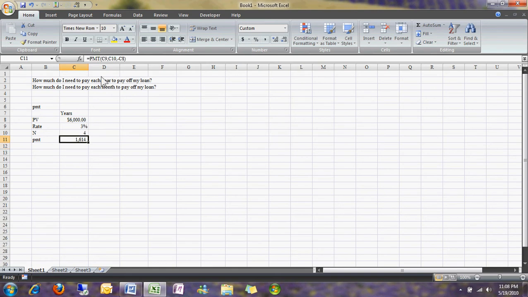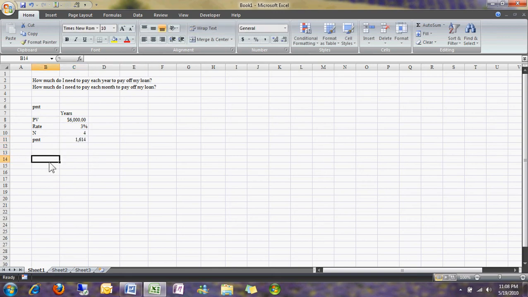If we were to leave it as a positive number, we would get a negative number, because that is how much money is being taken out of our wallet in order to pay for this loan. You could have it either way, but for simplicity's sake, we'll just keep it as a positive number.